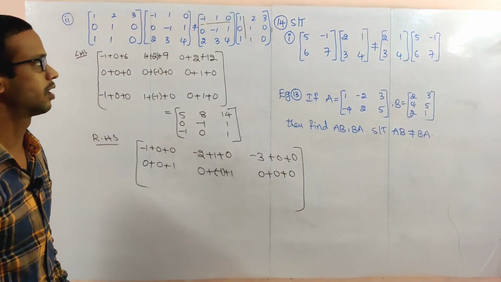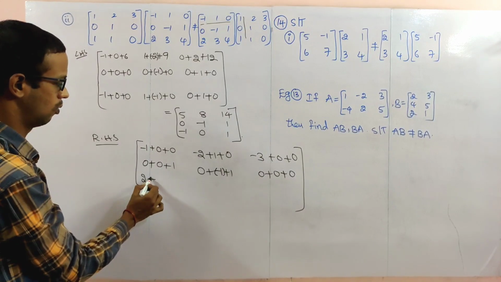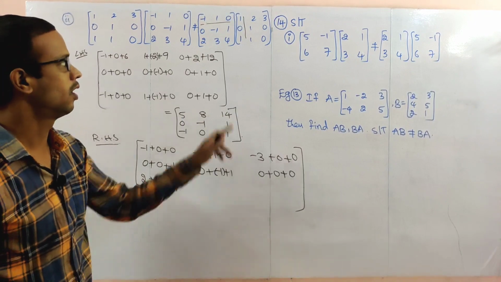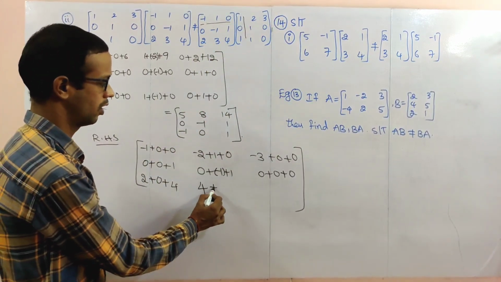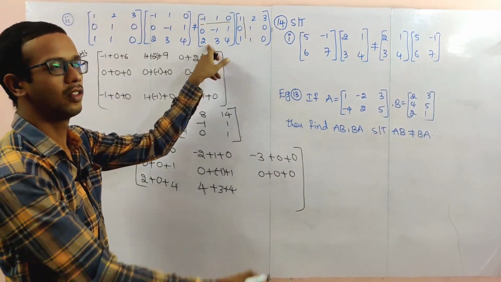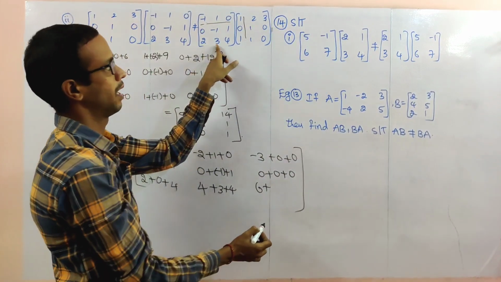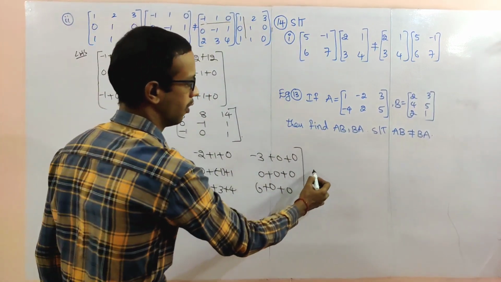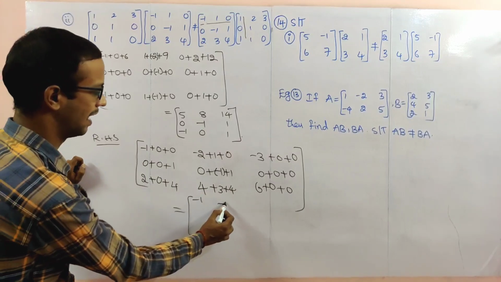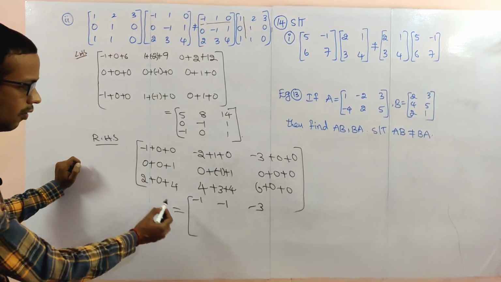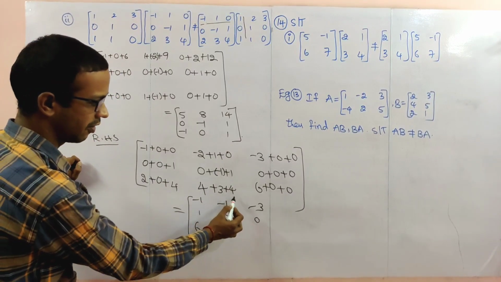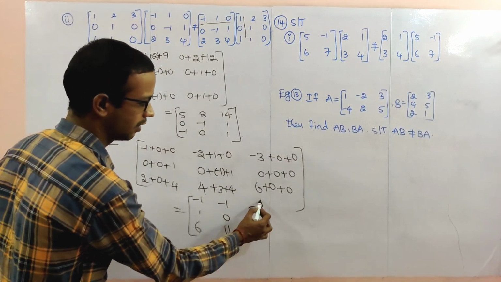Next, last third row, first column: 2 into 1, 2, plus 3 into 0, 0, plus 4 into 1, 4. 2 into 2 is 4, 3 into 1 is 3, 4 into 4 is 4 into 1 is 4. Next last one, 3 2s are 6, plus 0, plus 0. Final simplification: minus 1, minus 1, minus 3, 1, 0, 0, 6, 7 plus 4, 11, final 6.